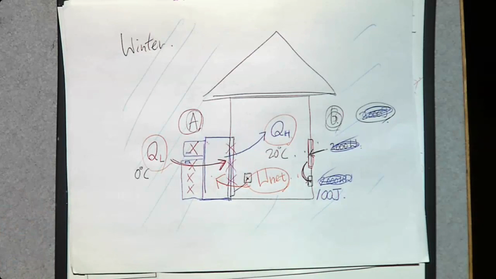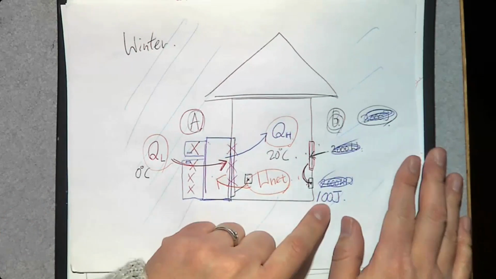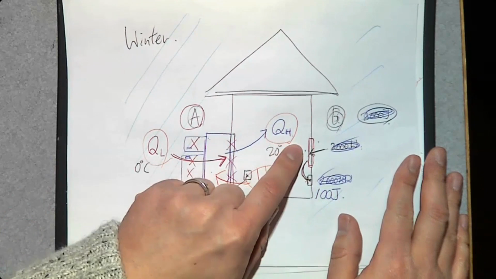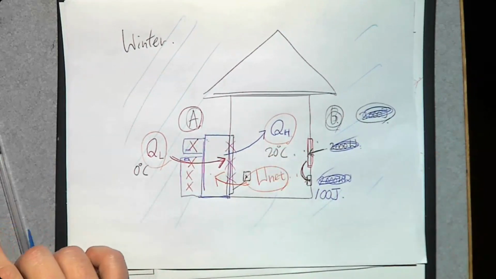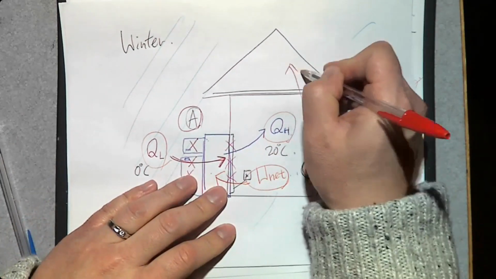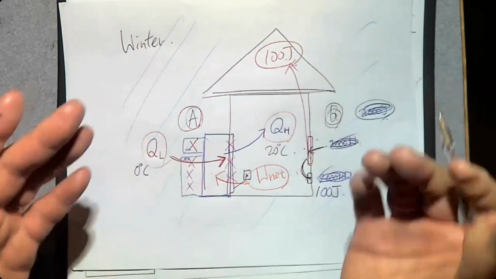A gas heater is a different story because it depends on whether it is complete or incomplete combustion, so multiple factors are involved. However, if it is an electrical heater, the efficiency is theoretically 100%. If you consume 100 joules, what is the heat that we can get? 100 joules of heat into the house.